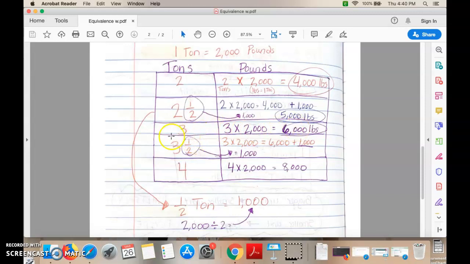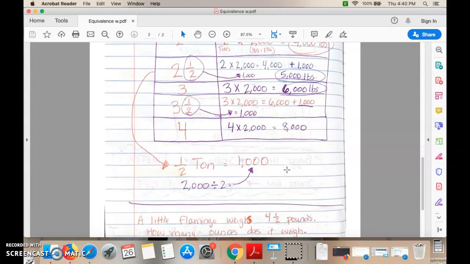Same thing for 3.5 tons: half a ton is 1,000 pounds, so 3 times 2,000 is 6,000, I add on my 1,000 and I get 7,000. I never actually wrote the answer down, but 3.5 tons would equal 7,000 pounds. And if I have 4 tons, 4 times 2,000 would equal 8,000.